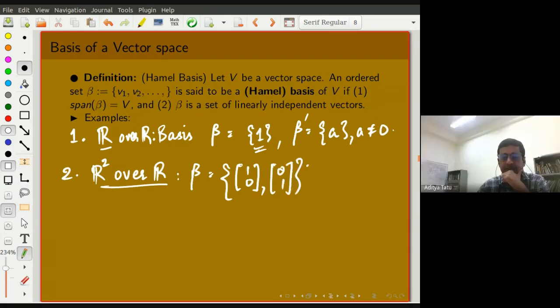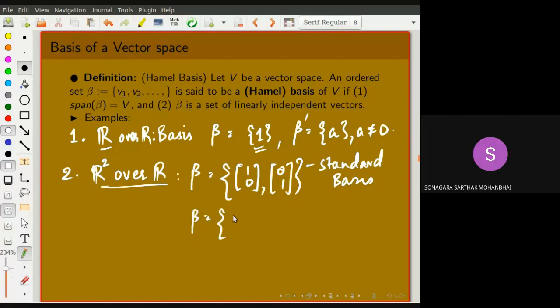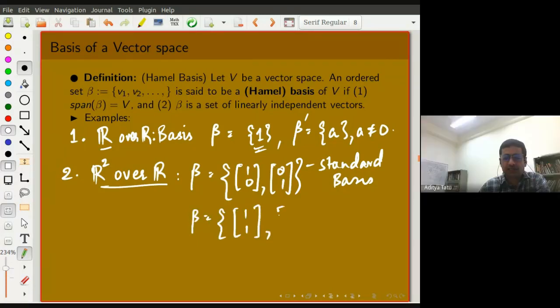This is what is called the standard basis, the X and Y axis, which is what you have been using. But is there any other basis of R2? Any two linearly independent vectors. So something like this.